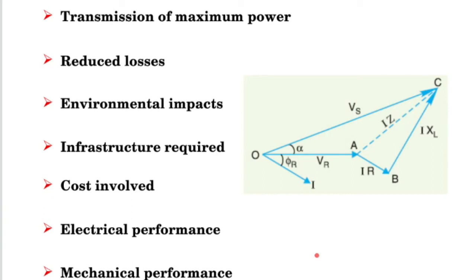But when we run those transmission line corridors, we call it a corridor, through which the transmission line towers and conductors are installed, they are not always on plain land. Sometimes we have to come across rough geography or topology of the land, meaning sometimes we have small hills, mountains.